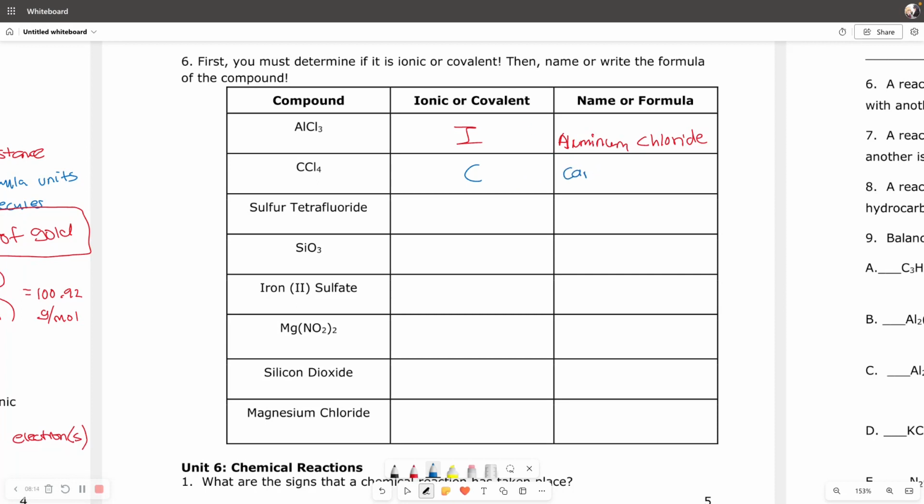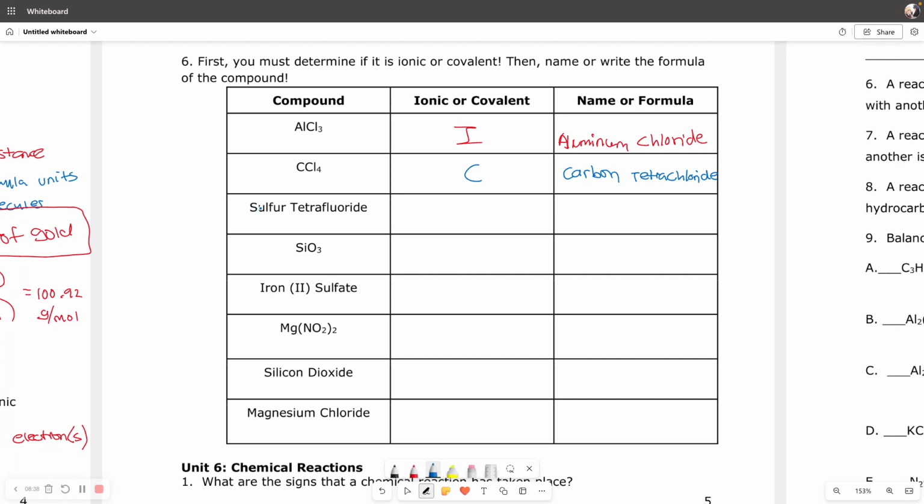So you just call this carbon. And then how many of the chlorines do you have? We have 4. So we have tetrachloride. Remember, we changed this to the "ide", and then we put the prefix that we wrote on top of your paper, just on question 5, in front of the respective atom.